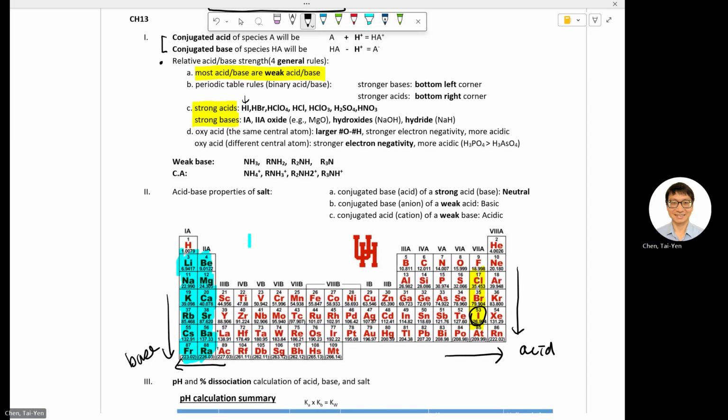Okay. So after that, there's another type of acid that's special. We call it oxalic acid. For the oxalic acid, you always have some central atom, and then you will always come with some protons.